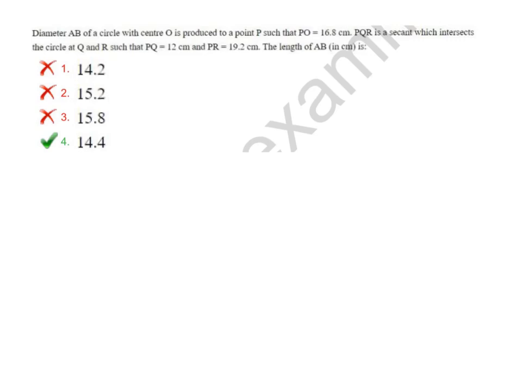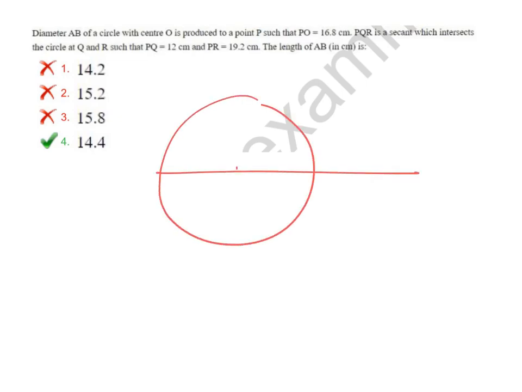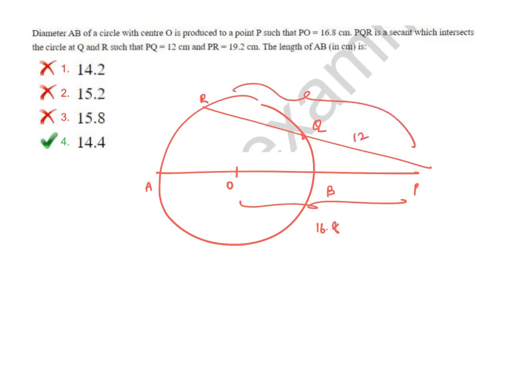Diameter AB of a circle with the center O is produced to a point P such that PO is 16.8. First diameter AB, P, so O. This is AB. PO is 16.8. PQR is a secant intersecting at Q and R. PQ is 12 and PR is 19.2.